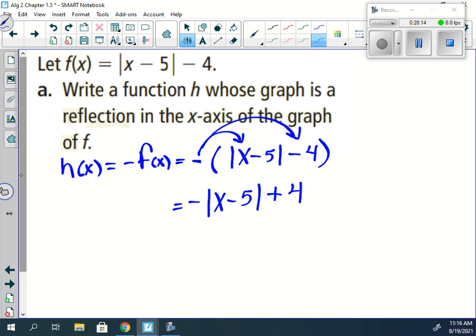More or less what we're doing is multiplying everything in the function by negative 1. So negative 1 times the absolute value would be negative of the absolute value. Negative 1 times negative 4 would make it positive 4. Any questions on this here?